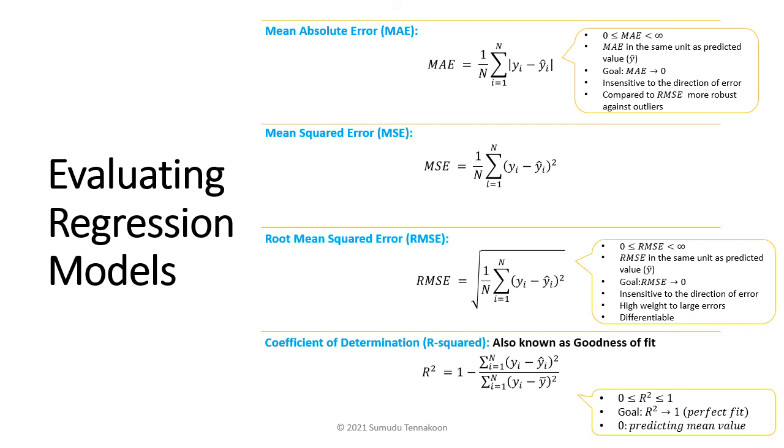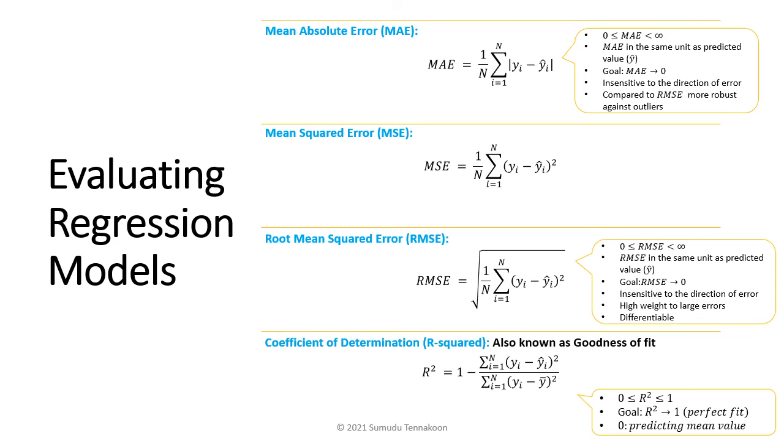In contrast to the other three metrics, a higher value gives you a better fit, and a lower value is an indicator of a very bad fit. The goal for R squared is to take the value to 1, which is a perfect fit. You should get a value like 0.8, 0.95, or 0.9; those we consider good. If you get a value like 0.35, 0.5, or 0.4, it is an indicator that your model or fit is not good.